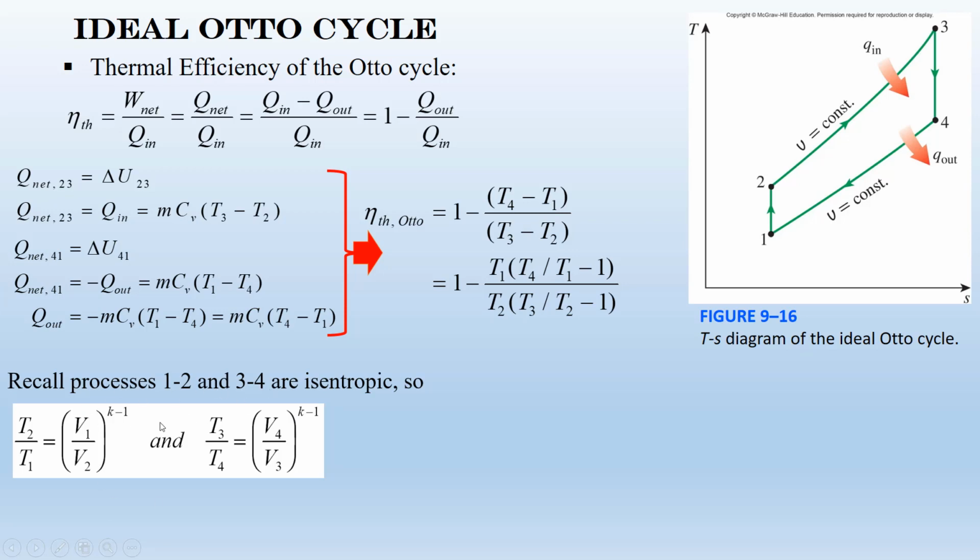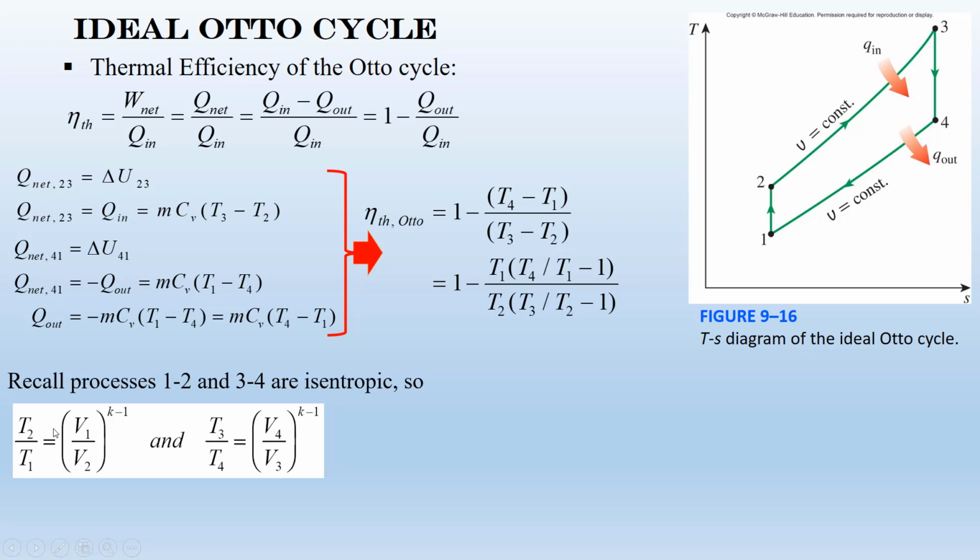Keep in mind that we have two isentropic steps: steps 1 to 2 and 3 to 4 are isentropic. So we can write these correlations between the temperatures and volumes of these states.